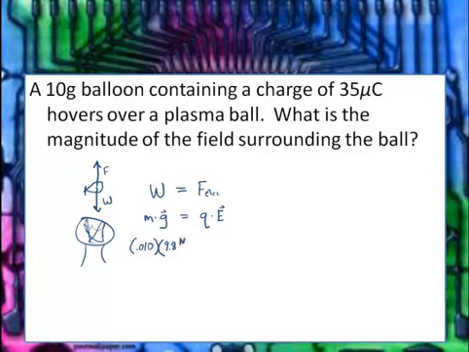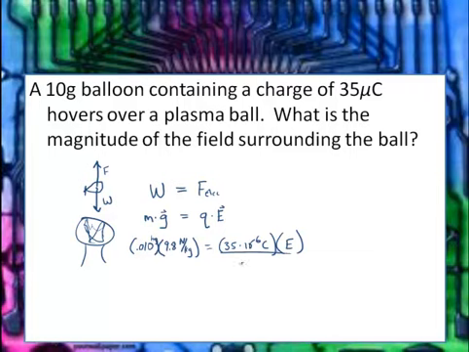The units for that could be written as newtons per kilogram, and then this is in kilograms, so newtons is the force unit. And then over here, the charge on the balloon, maybe we can get 35 microcoulombs on there. And the field strength above the plasma ball is what we're looking for, so we'll call that E.